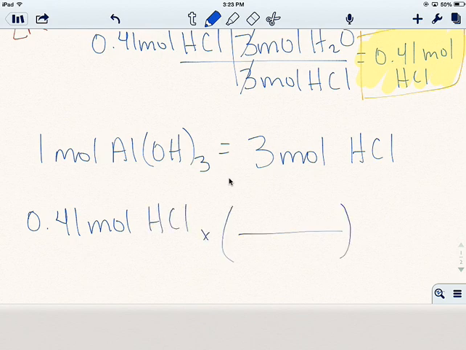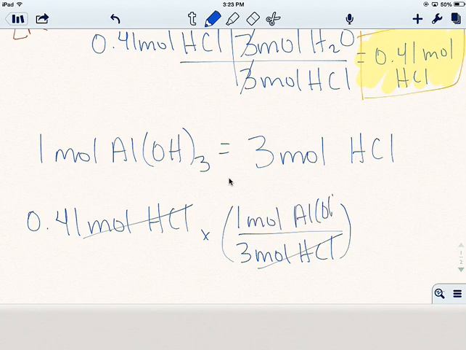Use my mole ratio, get my moles hydrochloric acid down here, so they cancel out nicely. Put moles of aluminum hydroxide up here. And we do the math, and I get 0.137 moles of aluminum hydroxide.